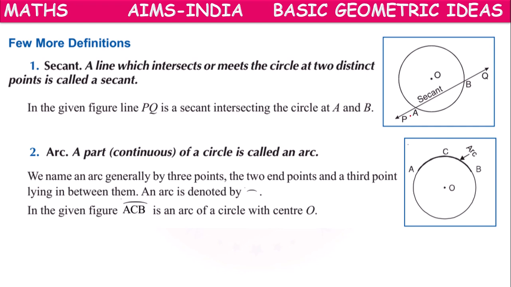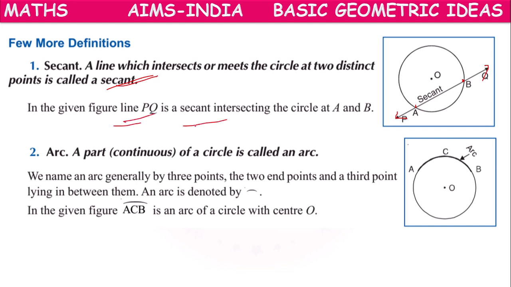Here PQ is a line, because it can be extended on both sides; we have arrow marks on both sides. PQ intersects the circle at point A and point B, so it is called a secant.